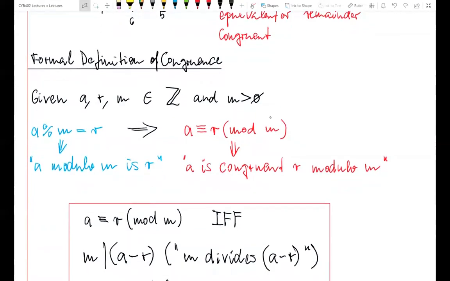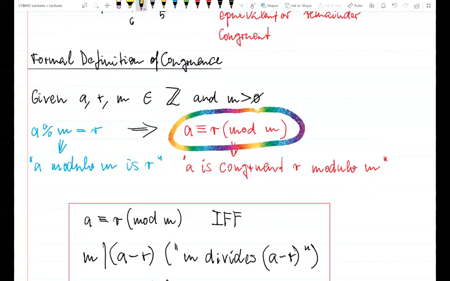So what does that mean? What exactly does it mean? We made a connection from our modulo operation to congruence, but let's give a more formal and direct definition of what congruence actually means.